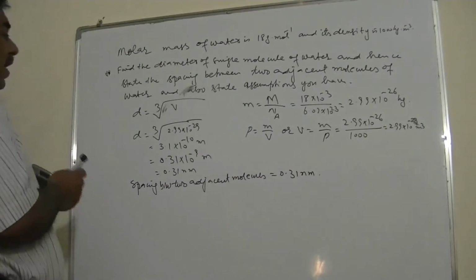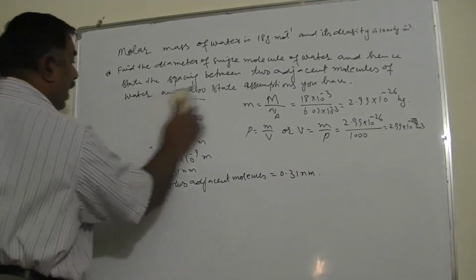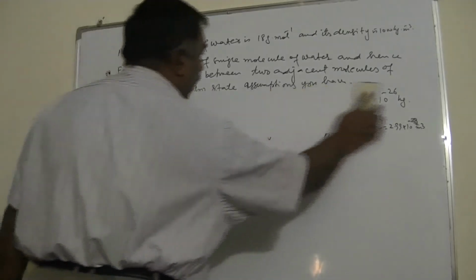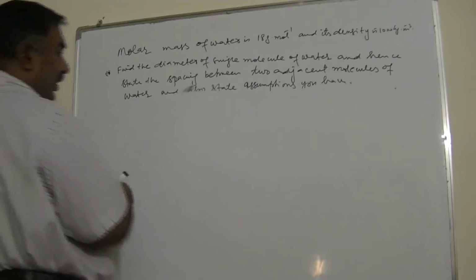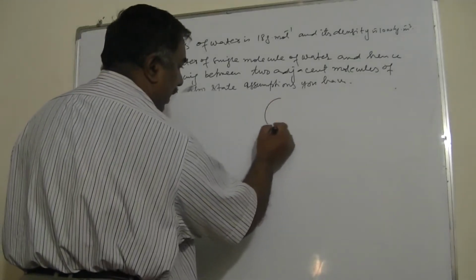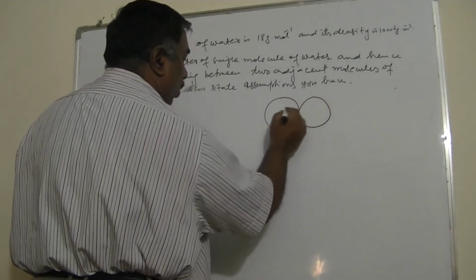Now he says what assumptions you have made. Let us see, when we say the diameter and spacing are the same, how many assumptions we are making. Actually, the first assumption is that the molecules touch each other but do not overlap.